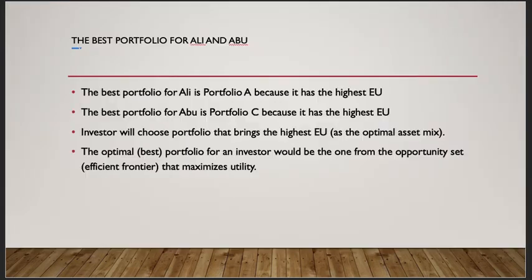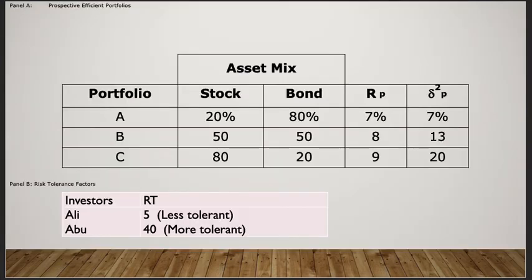While for Abu, the best portfolio is portfolio C because it has the highest expected utility. Indeed, portfolio C consists of 80% stock and 20% bond, and the variance, which represents the risk of the portfolio, is quite high here. It's about 20, compared to Ali's 7.